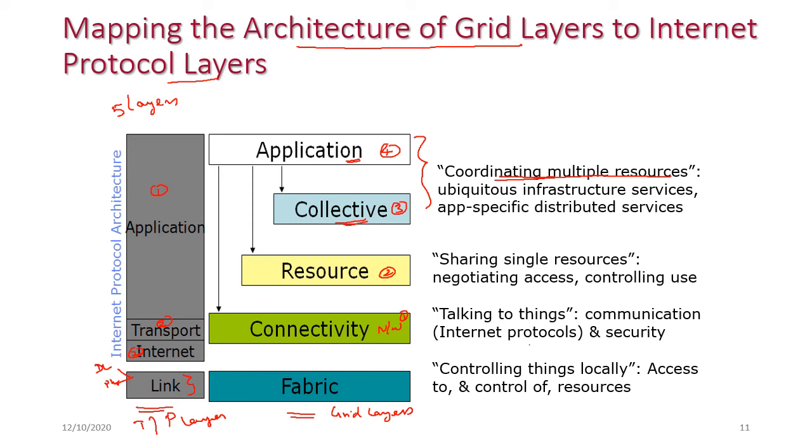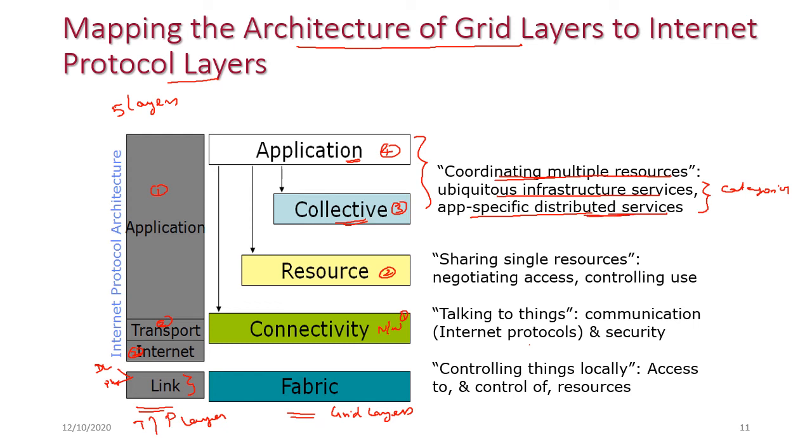Under this we have 2 important services: ubiquitous infrastructure services and application specific distributed services. Many services come under these 2 categories.